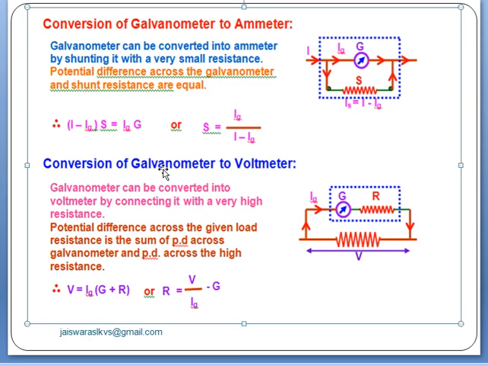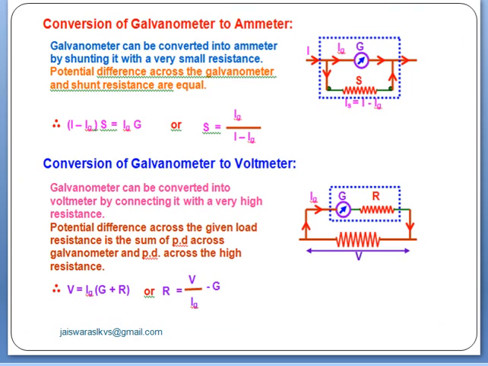When we convert galvanometer to voltmeter, that is capital R is equals to V upon Ig minus capital G, where capital G is the resistance of galvanometer, and Ig is the current flowing through it. So this is the formula, that is R is equals to V upon Ig minus G.